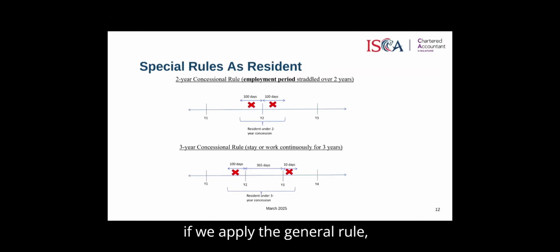Again, ordinarily, if we apply the general rule, he will not be considered a tax resident for year 1 and year 3, as the duration of his employment did not exceed the required threshold of 183 days. However, because he was under employment for a full year, year 2, the total number of days being considered would cause him to be a tax resident when we apply the 3-year concessional rule.